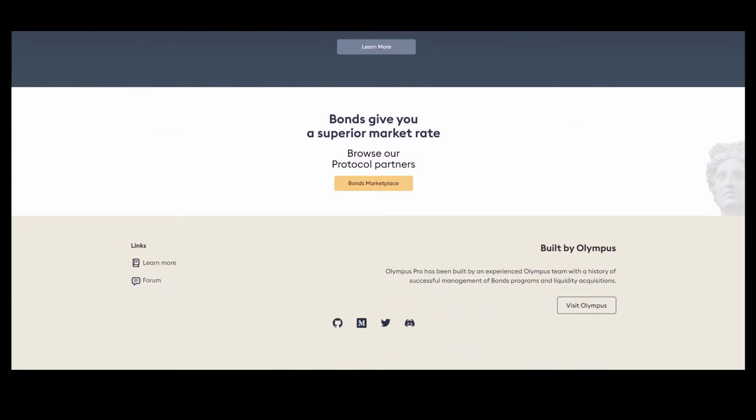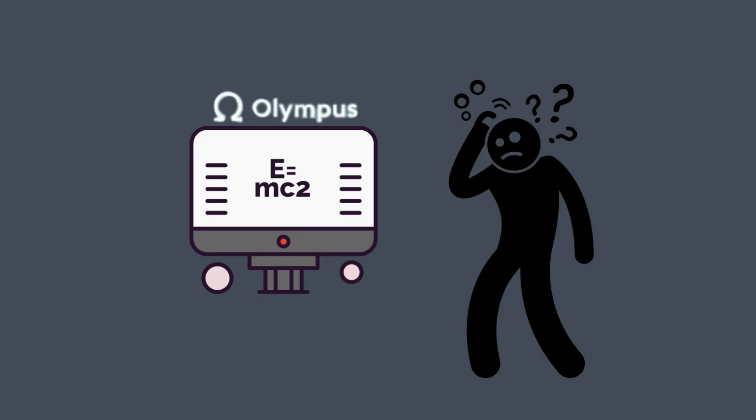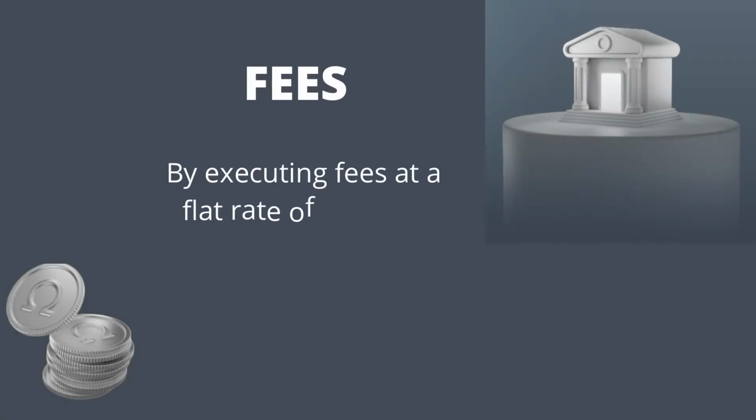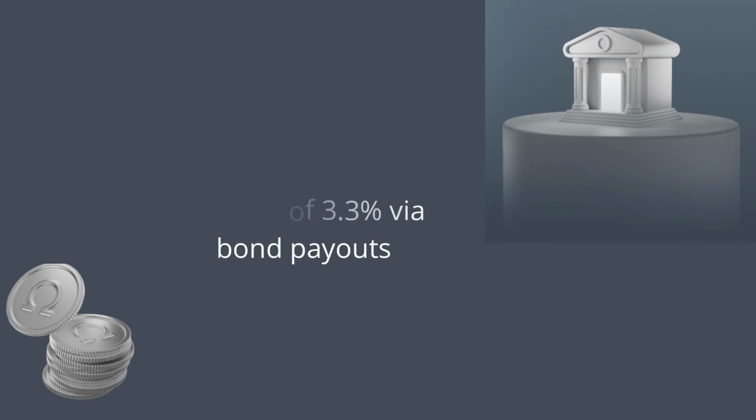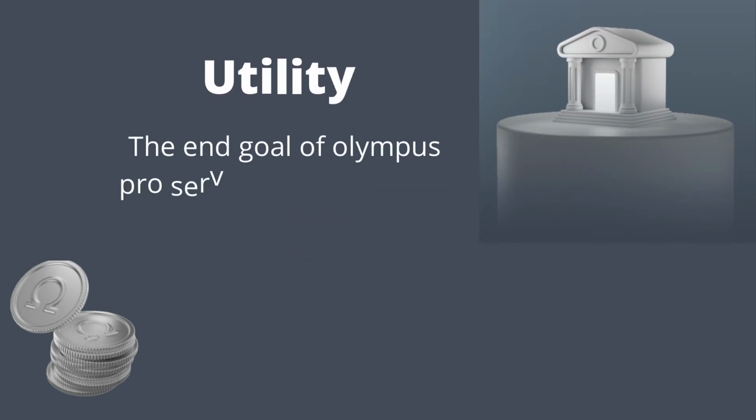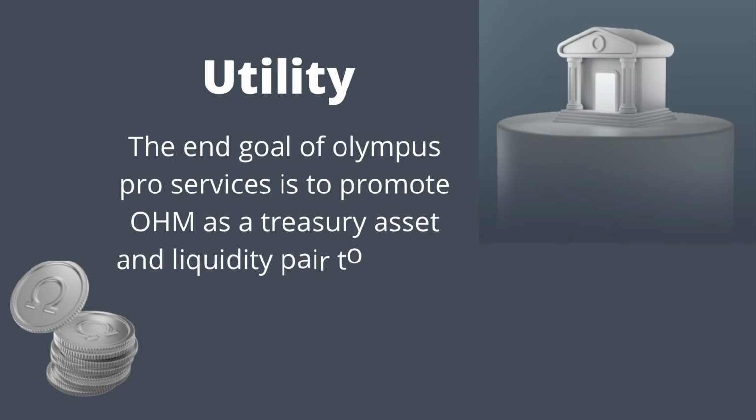You may be thinking, this sounds great for new projects, but how does this benefit Olympus? OlympusPro will gain value for Olympus in two different ways. 1. Fees, by collecting fees at a flat rate of 3.3% via bond payouts. 2. Utility. The end goal of OlympusPro services is to promote Olympus as a treasury asset and liquidity pair token for other protocols.